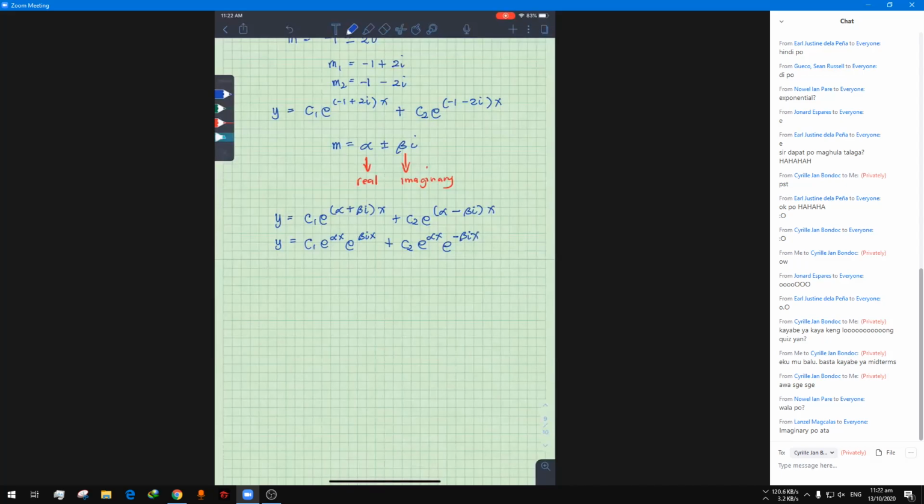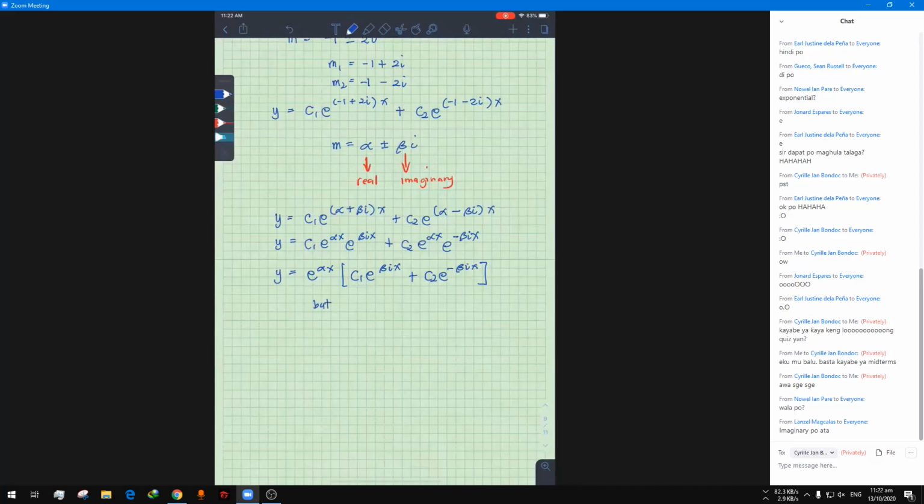So y then would be equal to, so pwede natin i-factor out yung alpha x, making it C1 e raised to beta ix plus C2 e raised to negative beta ix.